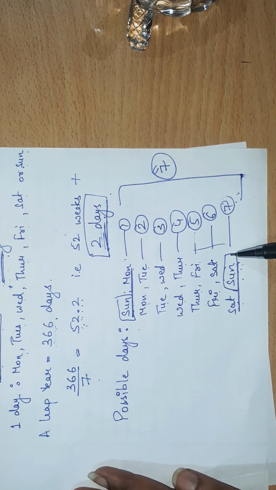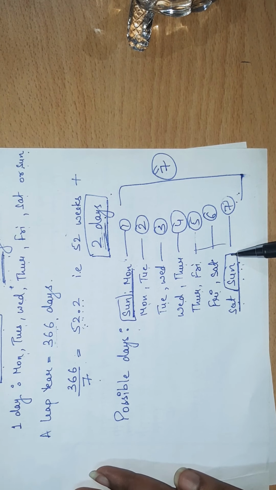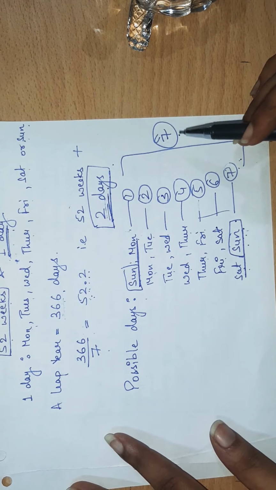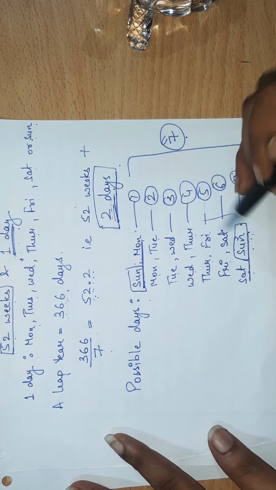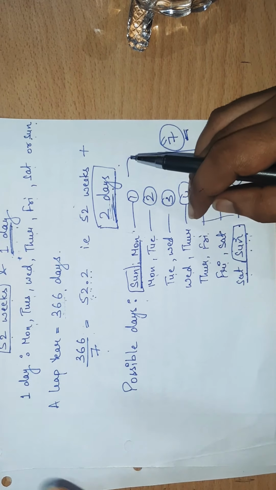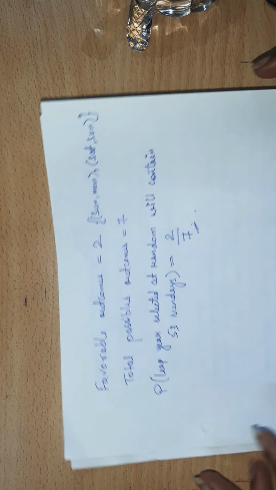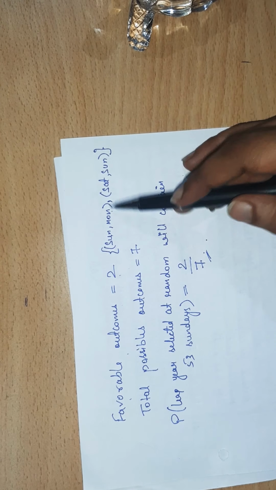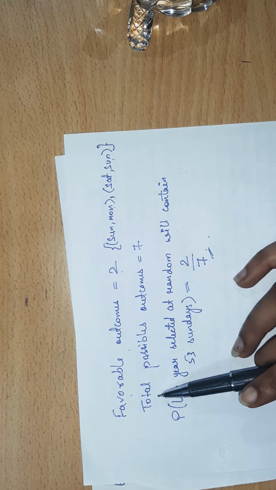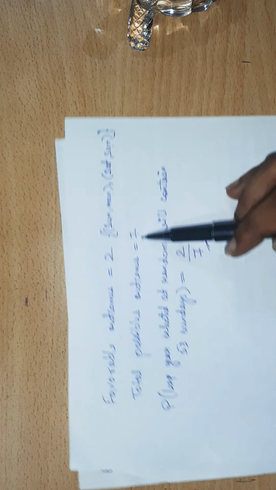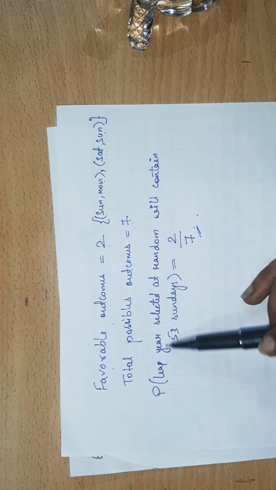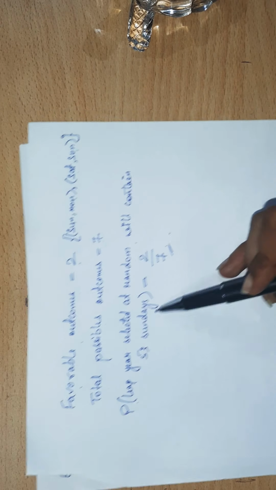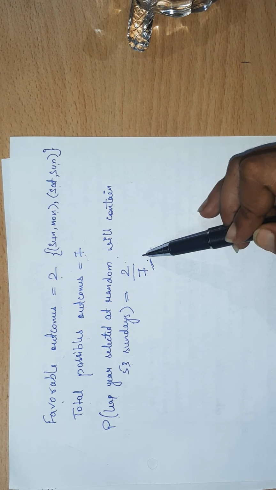So we have 2 favorable outcomes for Sunday and 7 total possible outcomes. We write favorable outcomes as 2, which is Sunday, Monday and Saturday, Sunday. The total possible outcomes are 7. So the probability of a leap year selected at random containing 53 Sundays is 2 by 7.